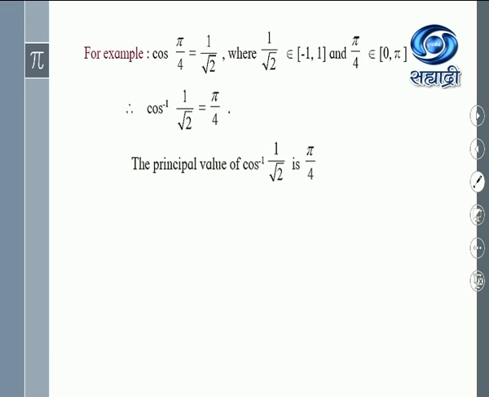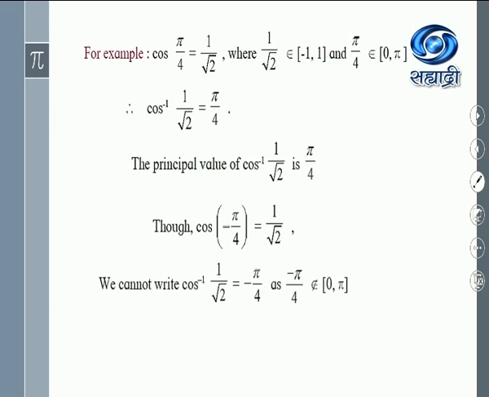Clear? Though we have cos of minus pi by 4 also 1 upon root 2. How to find that? Cos of minus theta is cos theta, you know. So cos of minus pi by 4 is nothing but cos pi by 4, which is cos 45 degrees and is again 1 upon root 2, right?